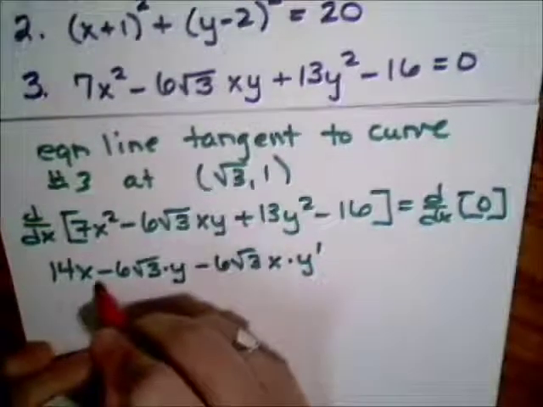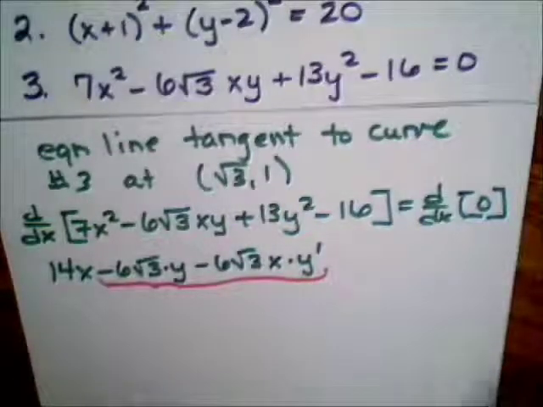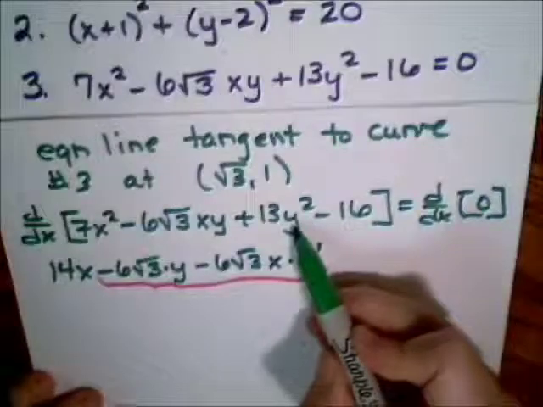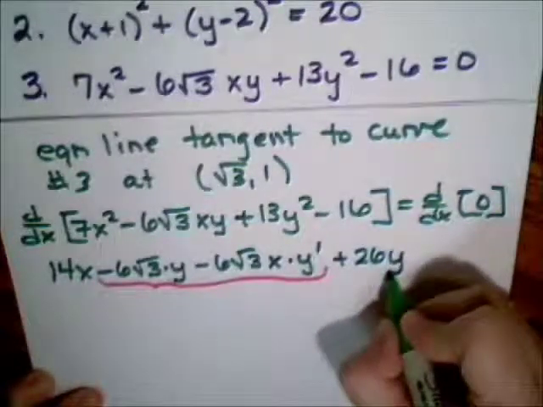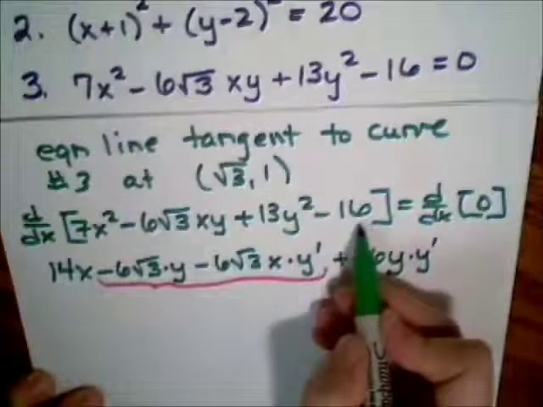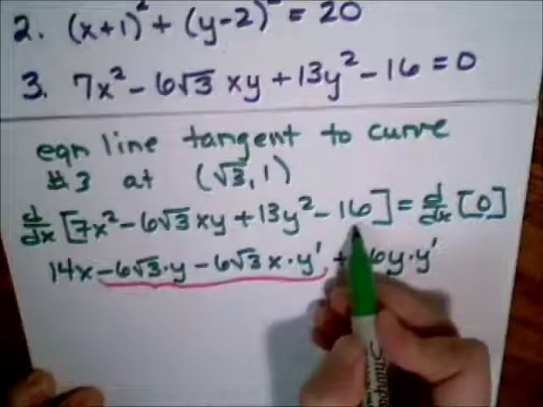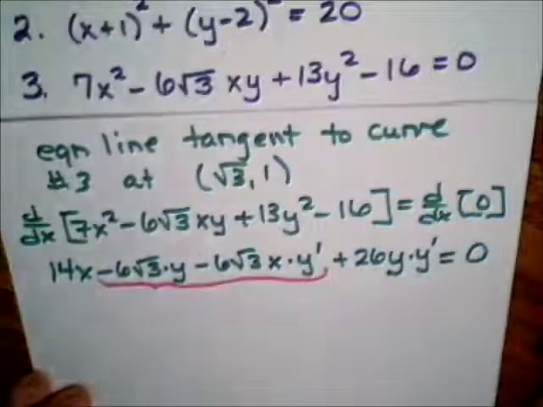Okay. We'll double check that in a minute. But as we continue on, we use the power rule to get 26 y times y prime. We won't forget the derivative of the constant, which will be 0. And then on the other side, the derivative of 0, just 0.